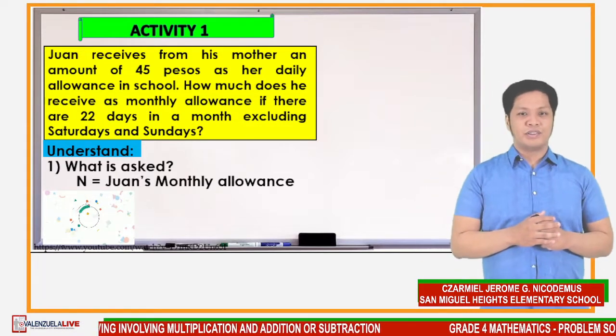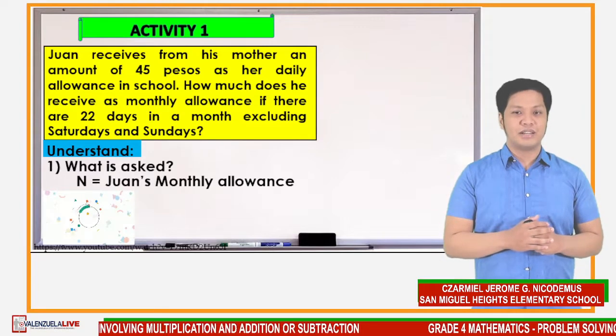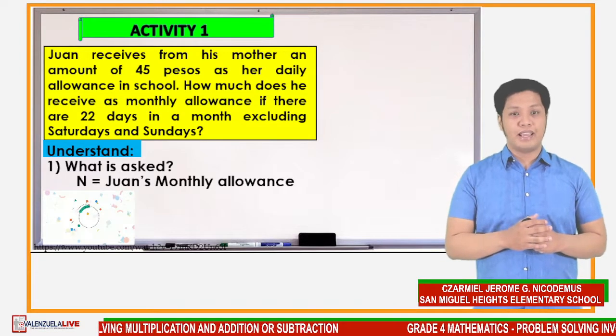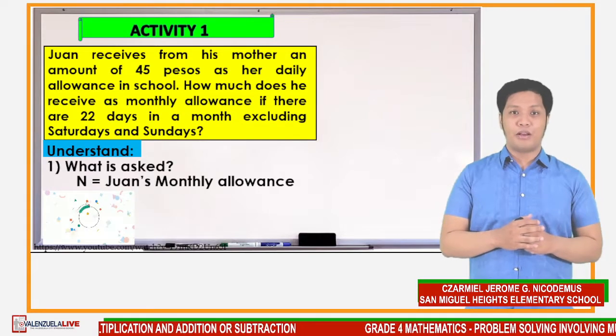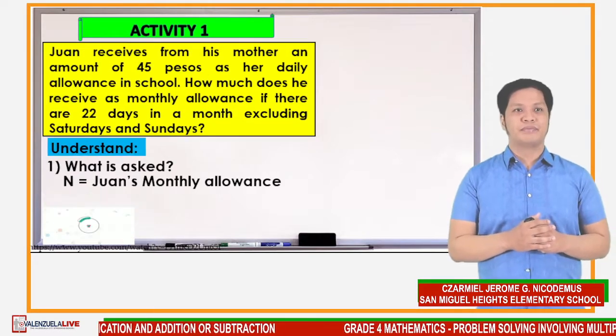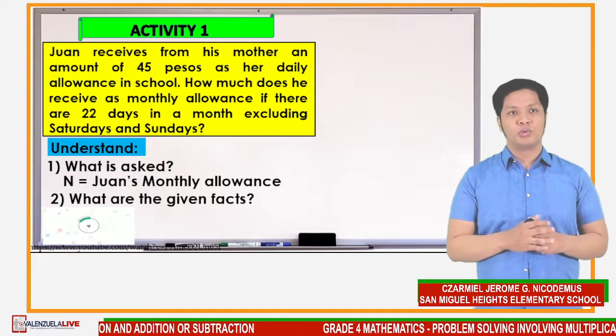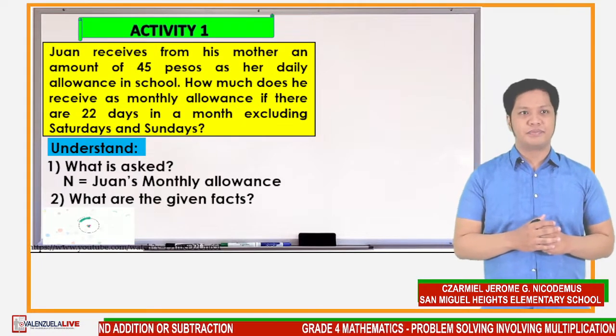So, to answer, what is asked in this problem? N equals one's monthly allowance. Number 2, what are the given facts?